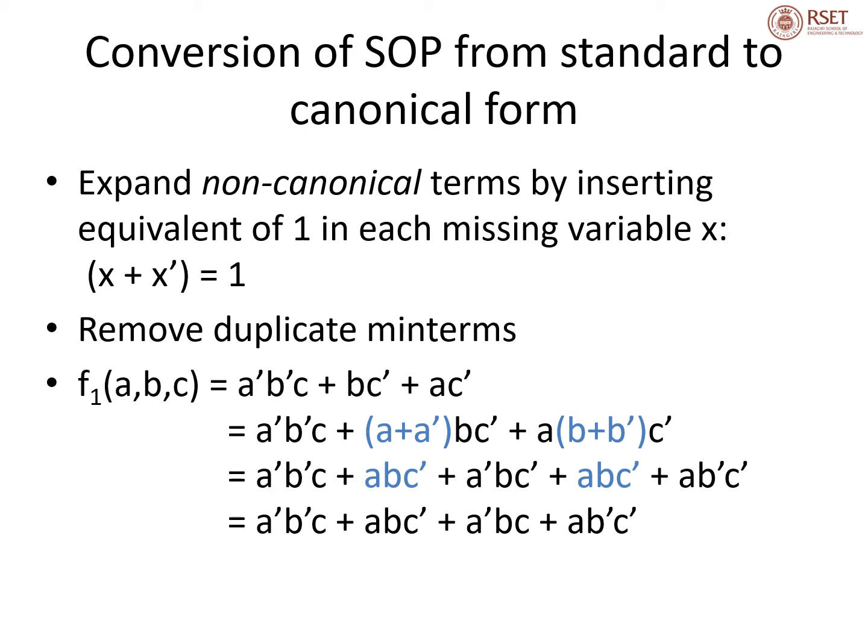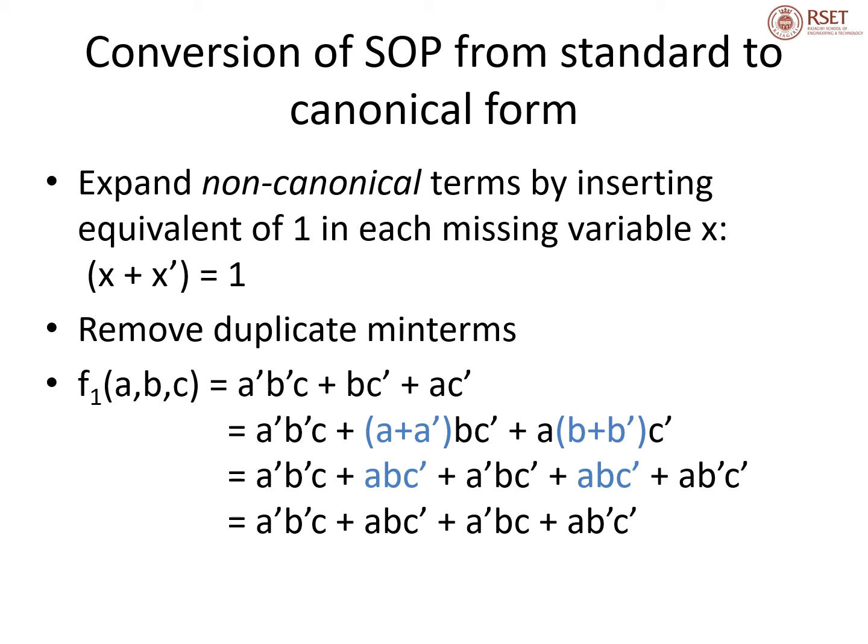We have studied that x plus x complement equals 1 in Boolean algebra. So this is the first step: you introduce x plus x complement instead of 1, and finally we remove the duplicate minterms.